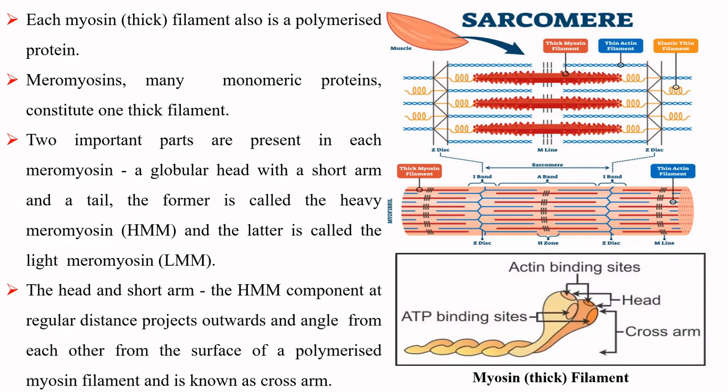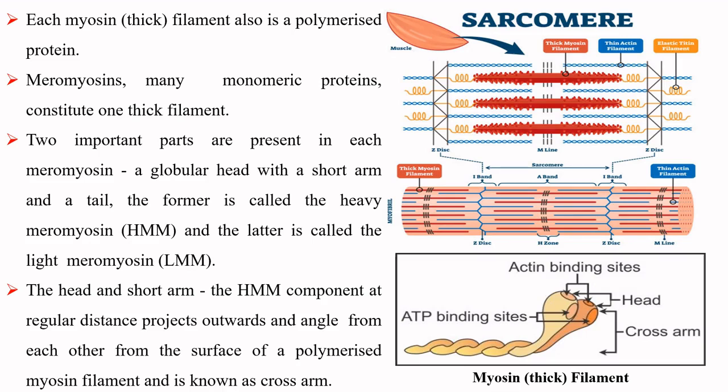Each myosin filament also is a polymerized protein. Meromyosins, many monomeric proteins, constitute one thick filament. Two important parts are present in each meromyosin, a globular head with a short arm and a tail. The former is called the heavy meromyosin and the latter is called the light meromyosin.